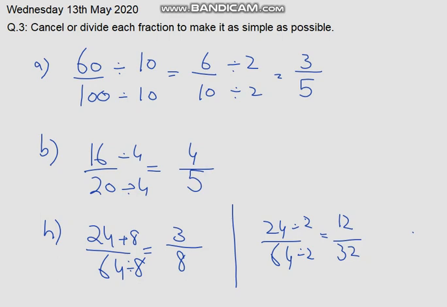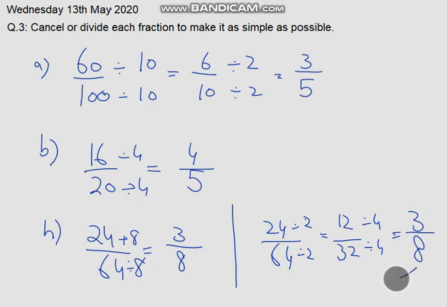Again we have 12 and 32. So 12 and 32 is not the simplest form because it can be divided further. So I am going to divide 12 by 4 and 32 by 4 as well. 4 3s are 12 and 4 8s are 32.